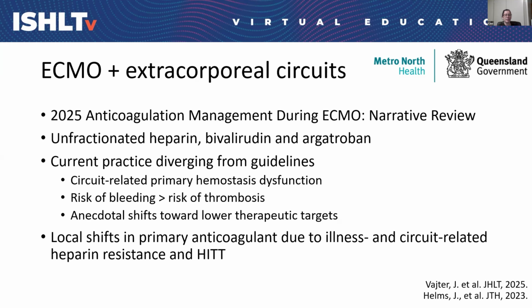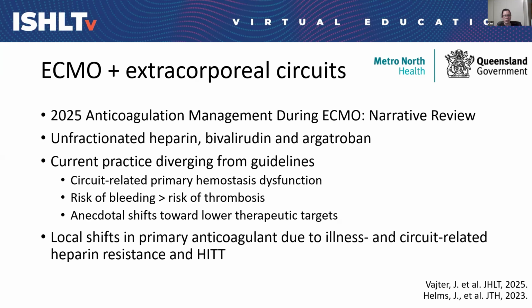Whilst most guidelines still recommend therapeutic targets that are close to what we would consider full anticoagulation, I think anecdotally we have all seen current practice internationally diverging from these recommendations, which were already suffering from a lack of broader consensus.